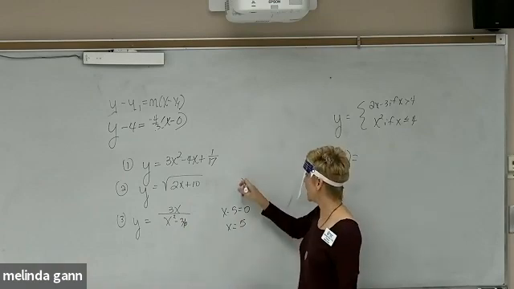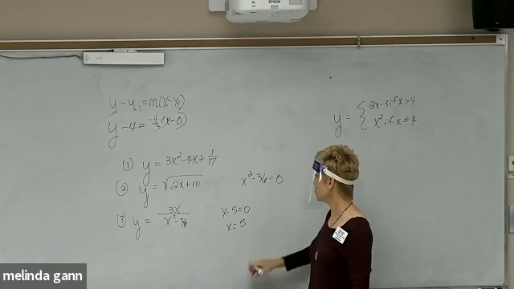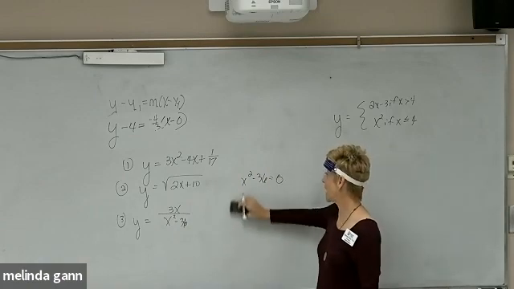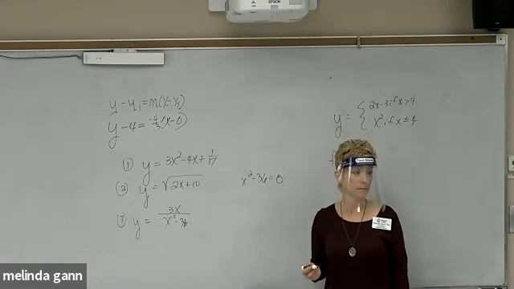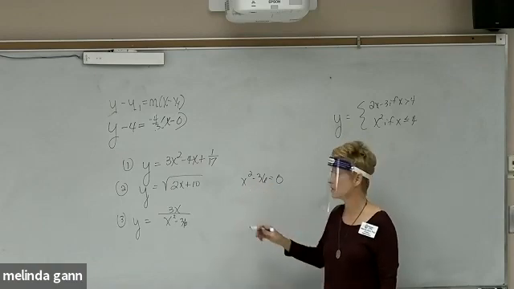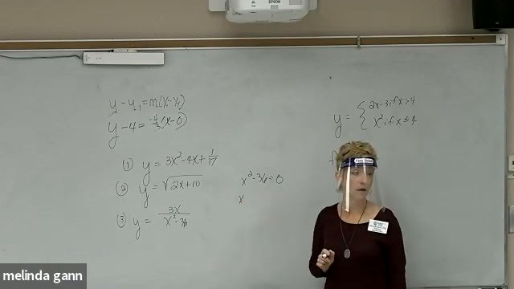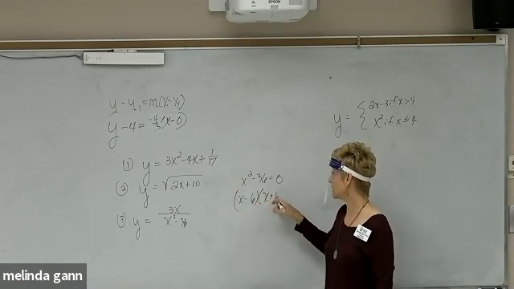Now you got x squared minus 36 equals 0. Well, you learned before the last test how to factor, so we can't forget what we're supposed to know. That's the difference of perfect squares. What does that factor into? x minus 6 times x plus 6.